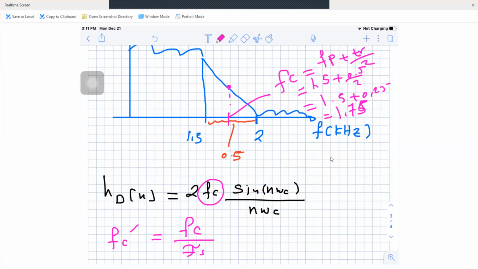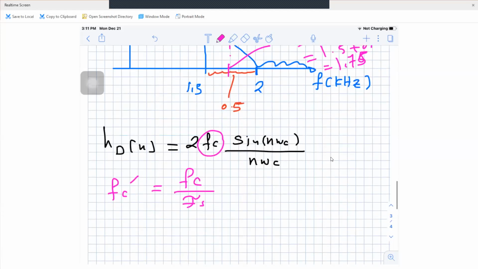Now, from the tolerance scheme, we have determined the value of the cutoff frequency. So the tolerance scheme is very important. Now, the equation of hd of n will be written as follows: instead of 2fc, all of them will be 2fc dash, omega c dash.